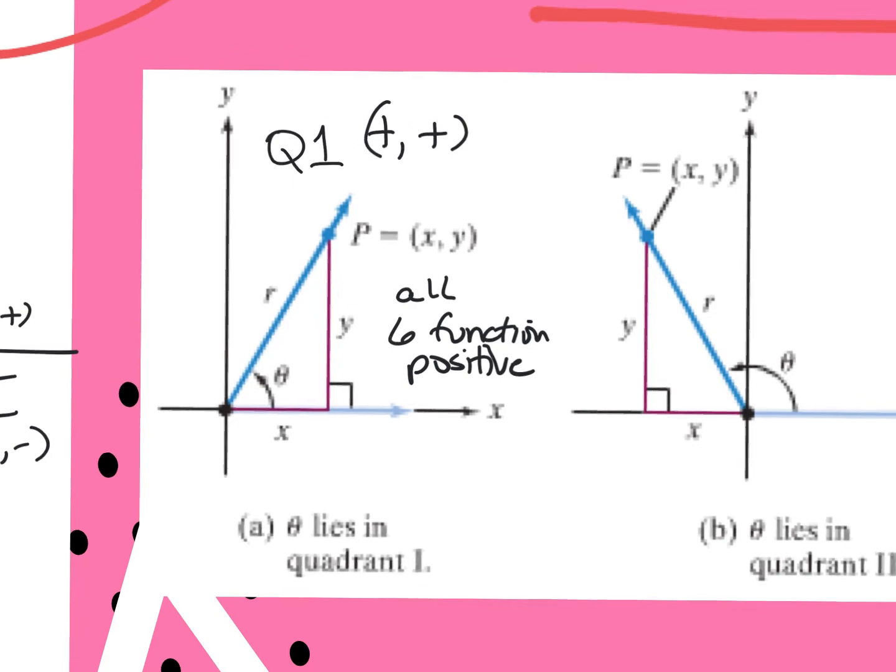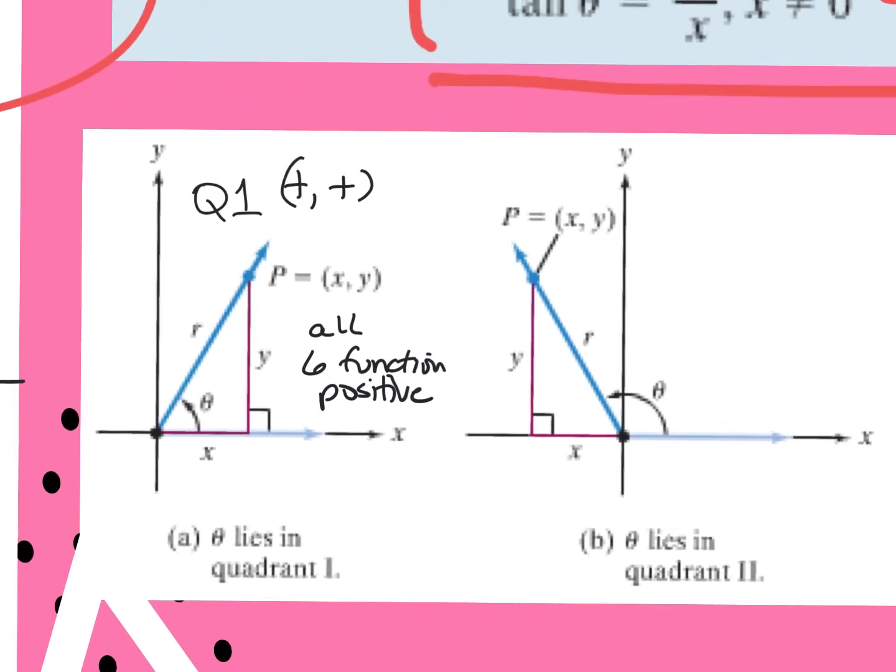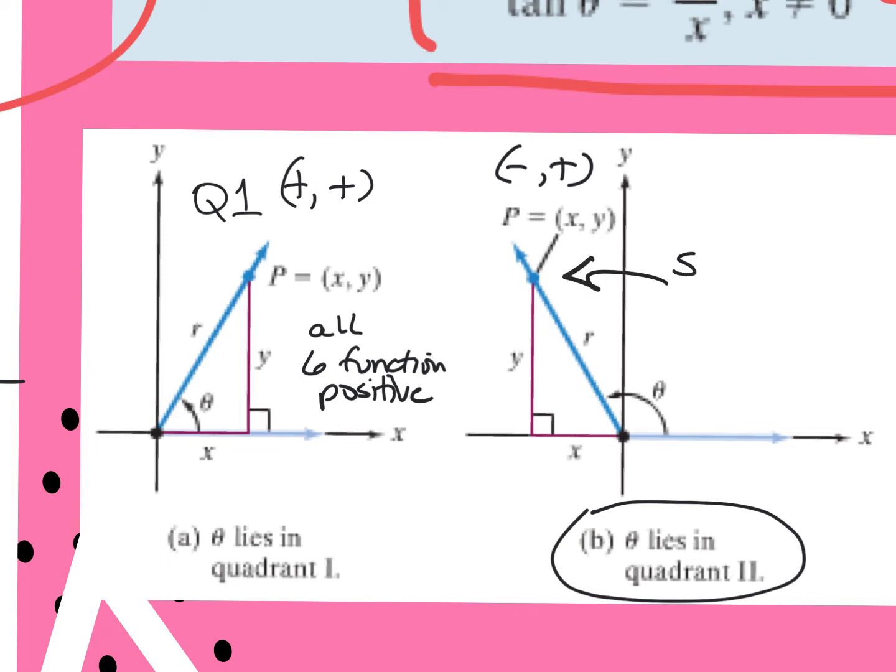In quadrant 2, which is this next one, if your angle is in quadrant 2, then we know that the signs here are negative, positive. So in this case, the only functions that are going to be positive are sine and its reciprocal, cosecant. These are the only positive ones.